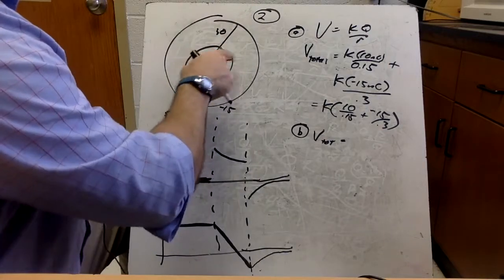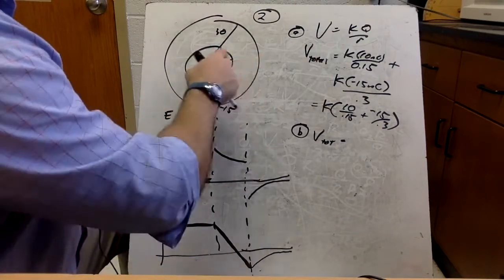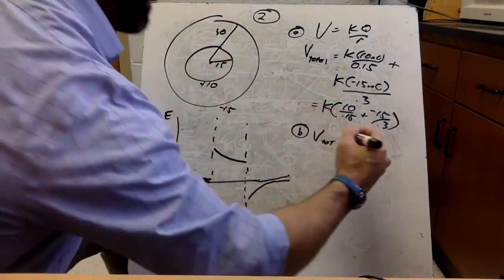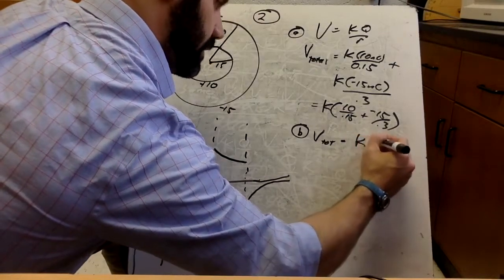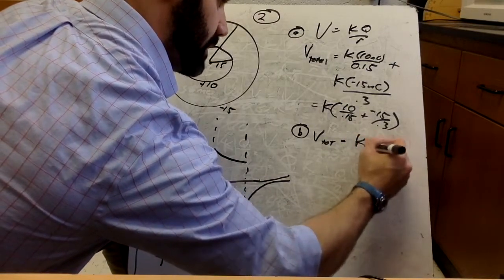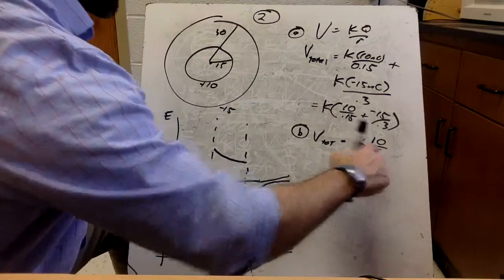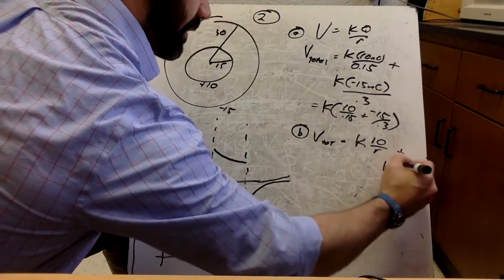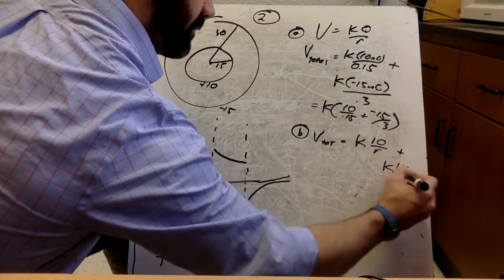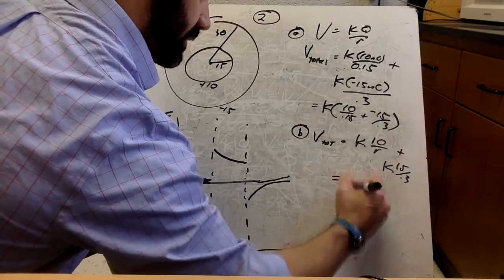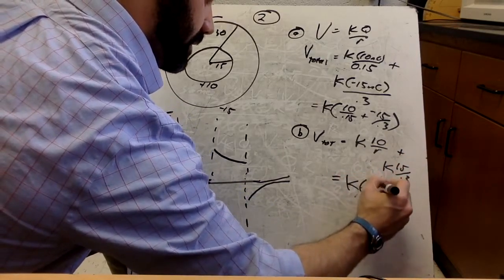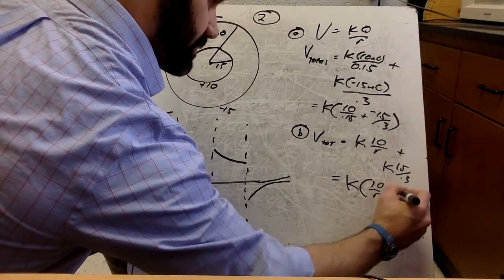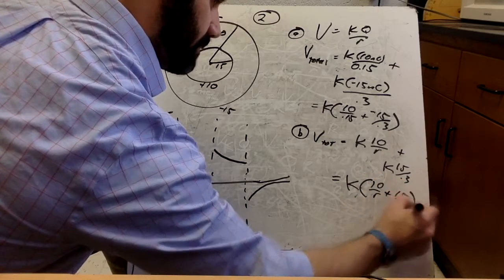But the voltage due to this inner one is changing because we're getting away from it. So due to this inner one, it's K times 10 over R, and R is changing because we're getting some distance away, plus K 15 over 0.3. So this looks like K times (10 over R plus 15 over 0.3).